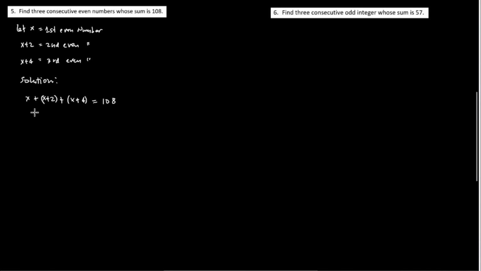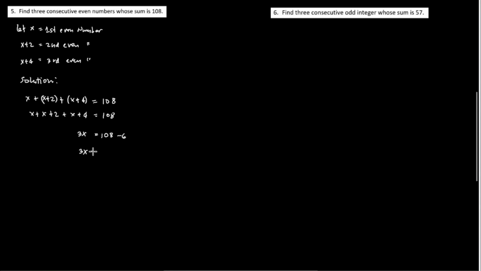And simplify. X plus x plus 2 plus x plus 4 is equal to 108. Add all like terms, so x plus x plus x is 3x, and it is equal to 108. 2 plus 4 is 6, and transpose to the right side, that's negative 6.